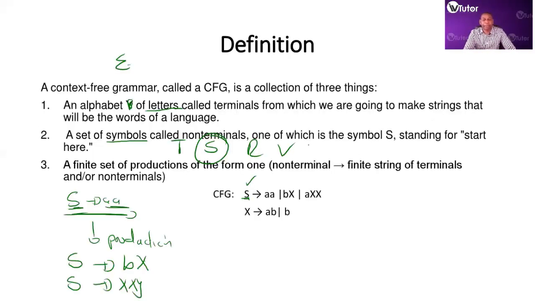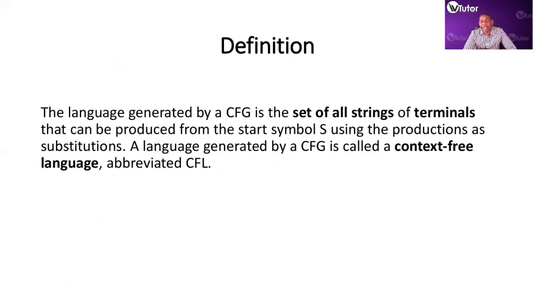So if I take a step back, AB is not a word in the language because it is being developed from X. AA is a word in the language because it is being developed from S, which is the starting point. That is the difference between S and the other non-terminals. The next take-home point is that CFGs generate a language.